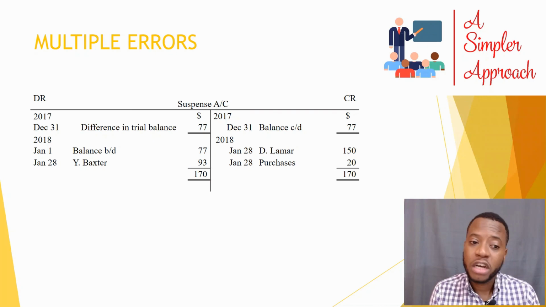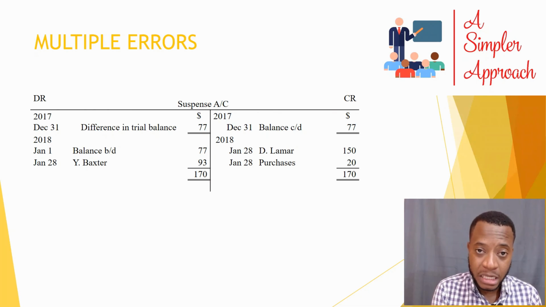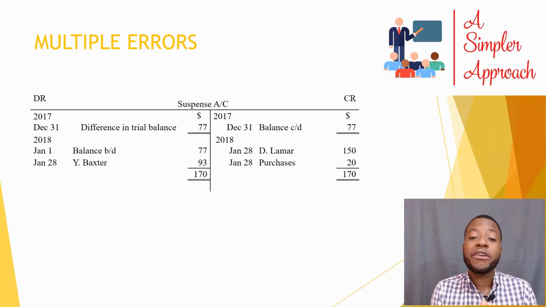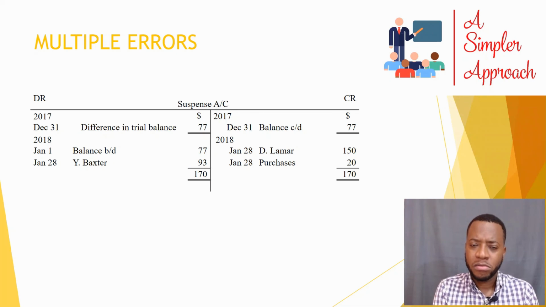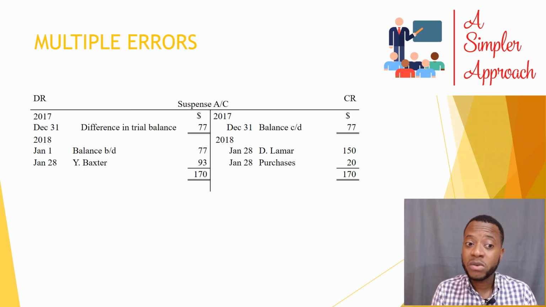So you would balance off the account and go over into 2018. Now that the errors are found, when they are all fixed, as you can see there, the account is closed. So you have the balance of $77. Then we take care of Baxter's situation, 93. And then we have Lamar and the purchases on the credit side, which would balance it out at 170. So the errors are found, fixed, and the suspense account is no more.